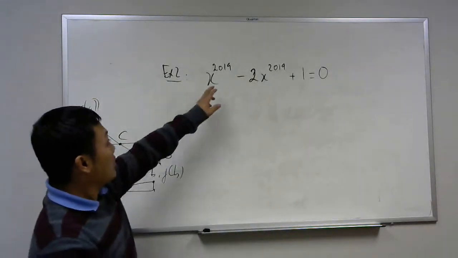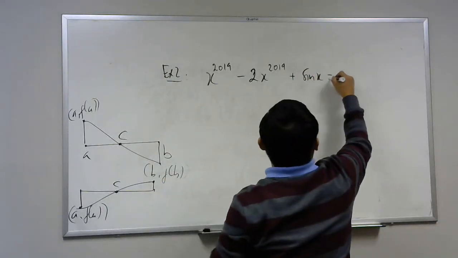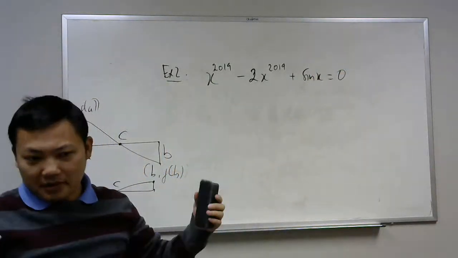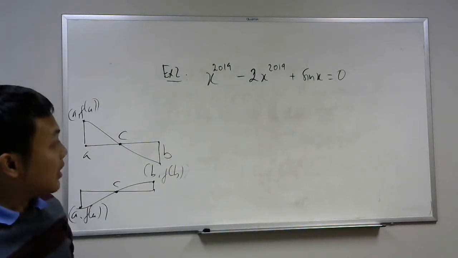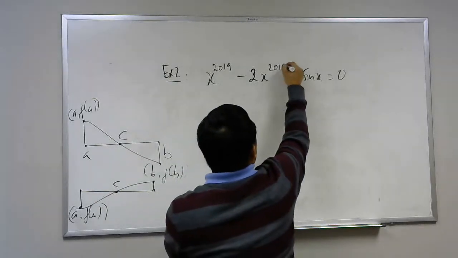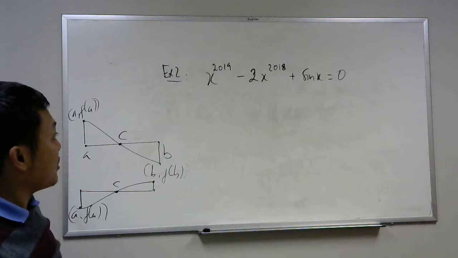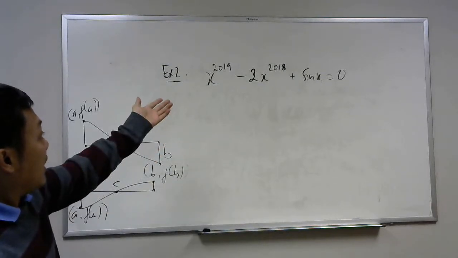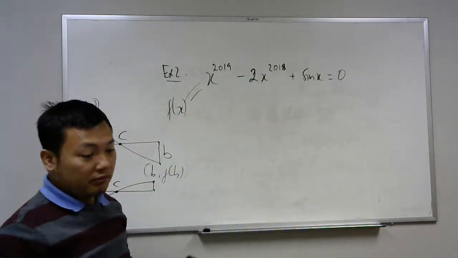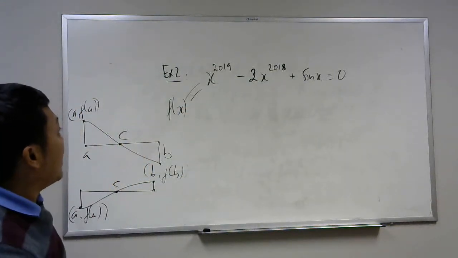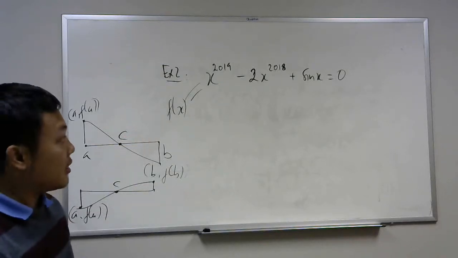Or maybe let's pick, for example, here sine x equal to 0, something like that. So it is a complicated one, and we need to see if this equation has a solution or not. The function here is a continuous one, so we are good. At 0, the function value is 0, which is not good at all.